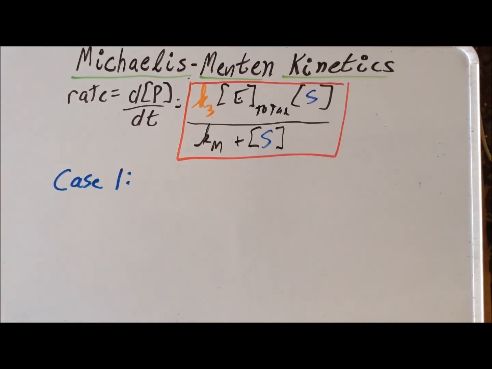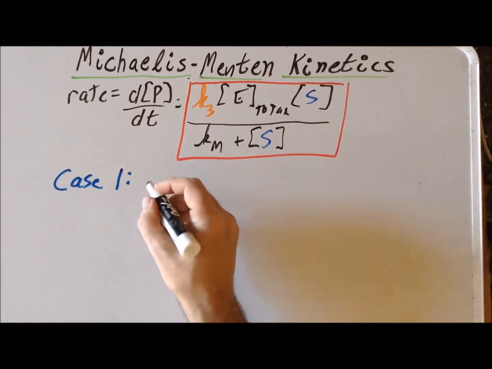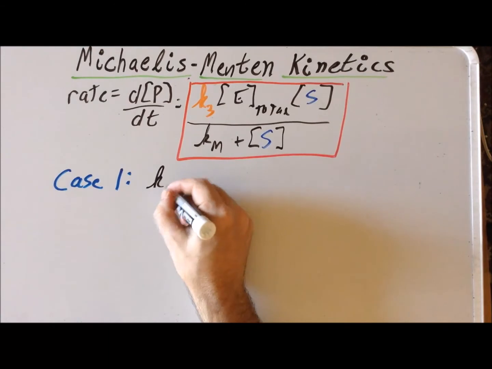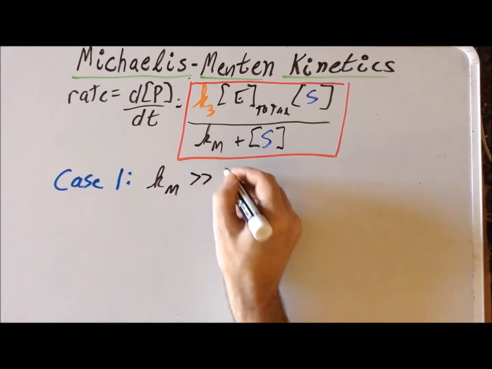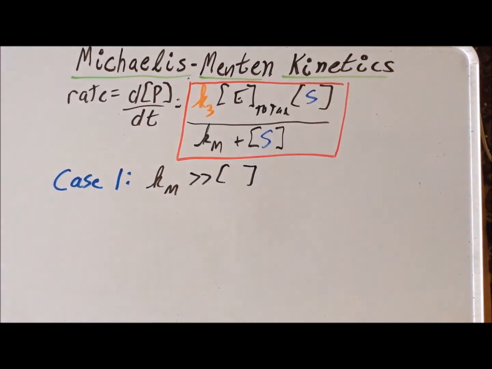We can now use the expression that we had derived for the general case to look at two special cases. For this first special case, let us assume that the constant K sub m is very much larger than the concentration of the substrate. If K sub m is much greater than S, that means that we can replace the denominator simply by K sub m.